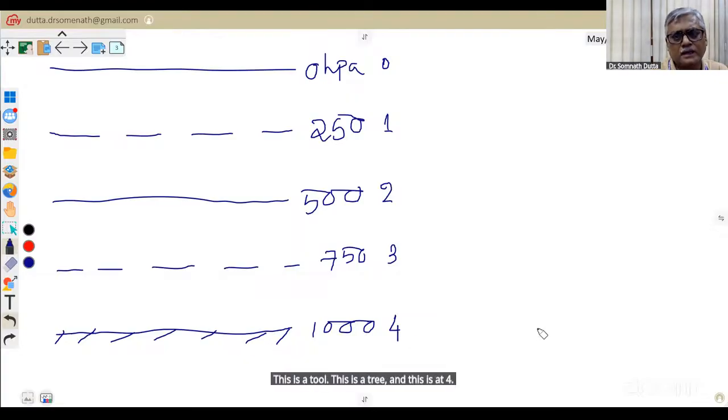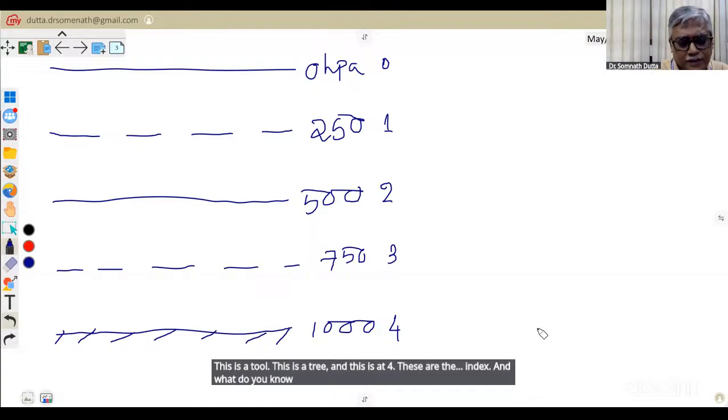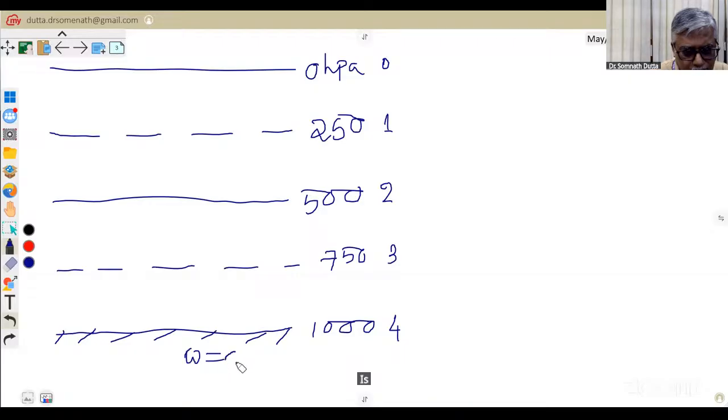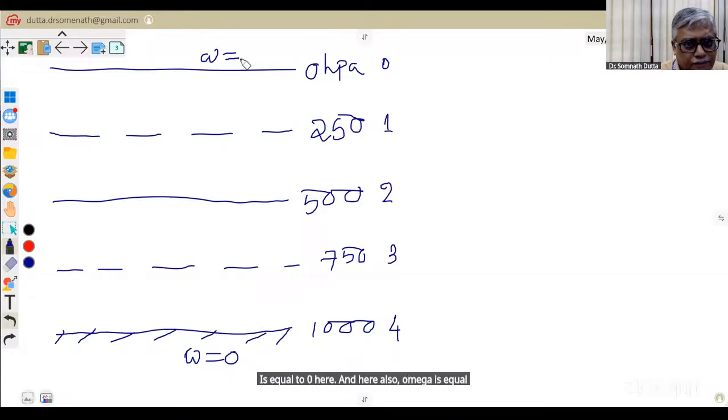These are the index. And what we do, first of all, we put a boundary condition here and here. Here we put the boundary condition that vertical velocity, that is omega, is equal to 0 here, and here also omega is equal to 0.